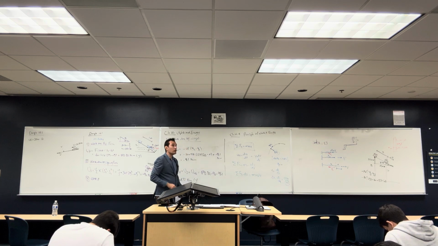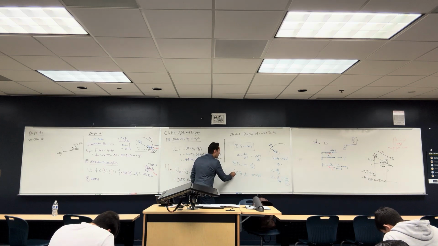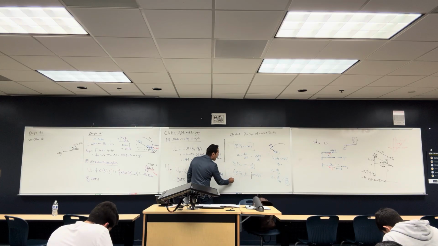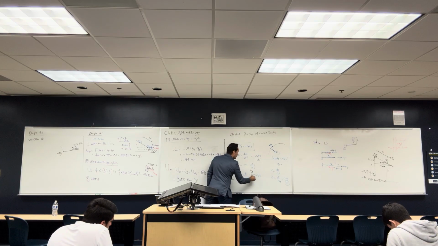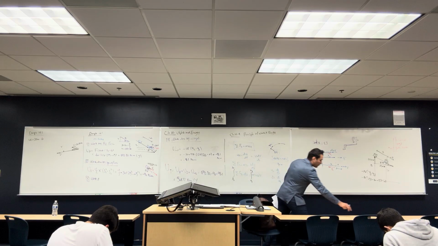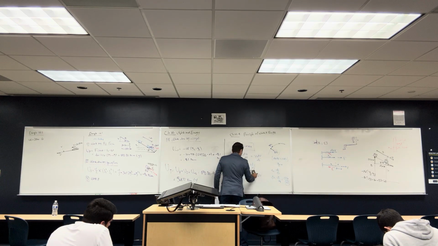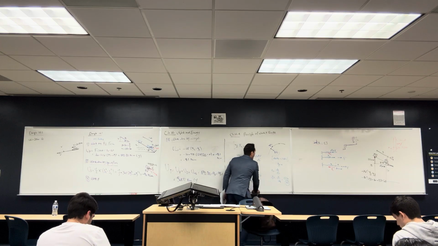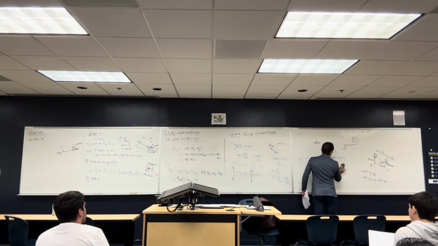Since I have differentials in this equation, I can integrate both sides. On this side, since I have ds, it's going to be from s1 to s2, and this is going to be from v1 to v2, the final v. All right, so let's get this integration done.